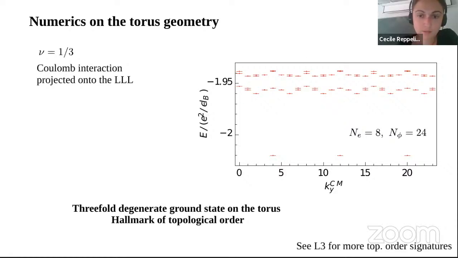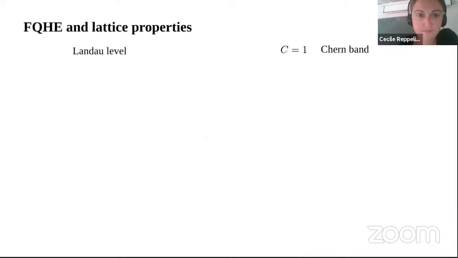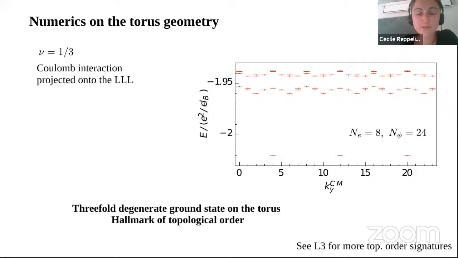So as I said, we will talk a bit more about these fractional quantum Hall signatures, these numerical signatures, in the lecture tomorrow. So this was a bit of a crash course on the basics of the fractional quantum Hall effect.